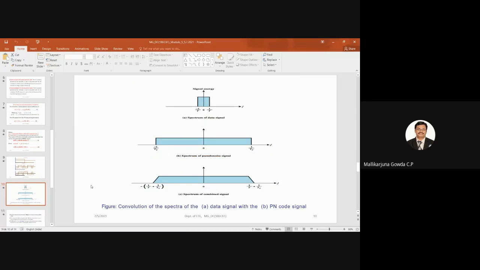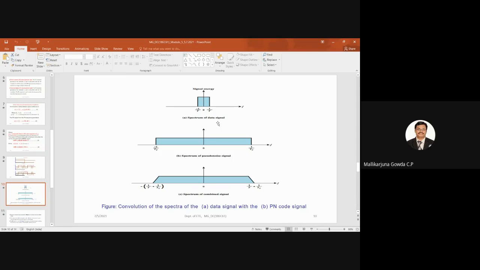So the same thing I am expressing in a different way, that is in the frequency domain. I have taken the rectangular pulse, that is my spectrum of the information signal, and this is the spectrum of the pseudonoise signal. The spectrum of the pseudonoise signal is wider than the spectrum of the message signal, right? So I multiply in the time domain.